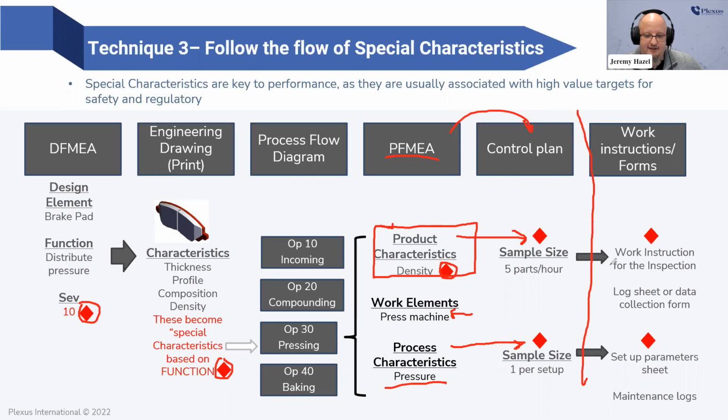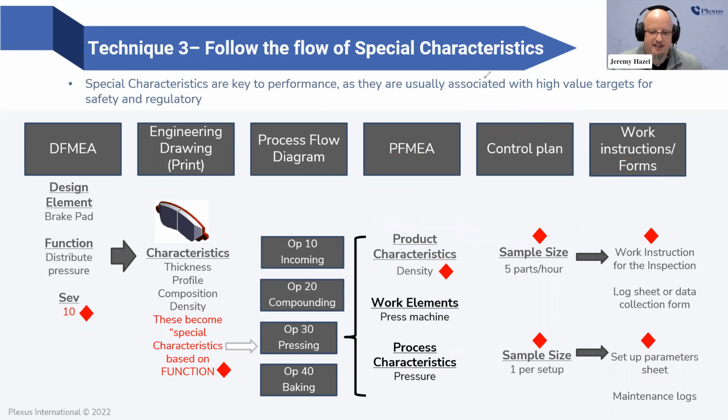And if I take this now to the last step, when I go to work instructions and forms, this is how it moves from the control plan over to the work instruction. When I look at the density, I sample 5 parts per hour, and I should see that on the sampling instruction for the inspection and the log sheet for the data collection form. So when we talk about dynamically, or say flexing, to address the FMEA, we're going to use the special characteristics.